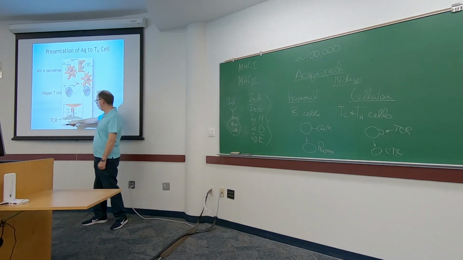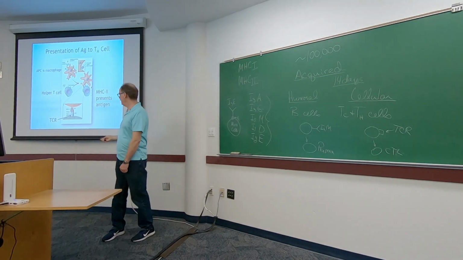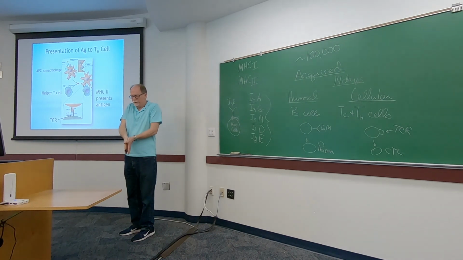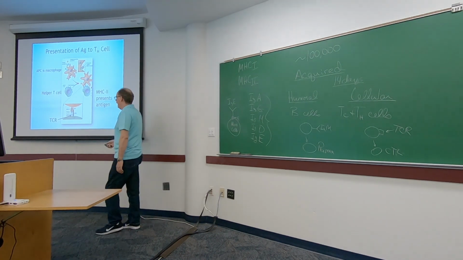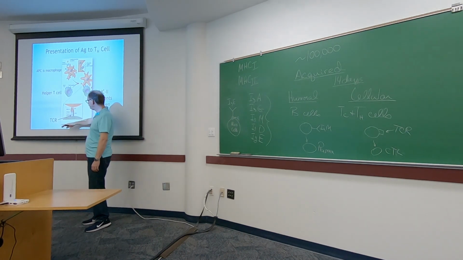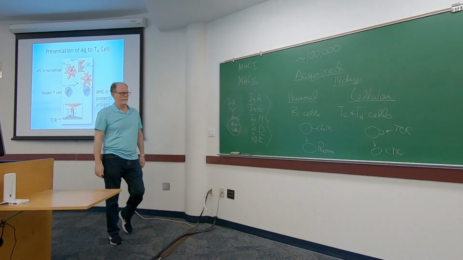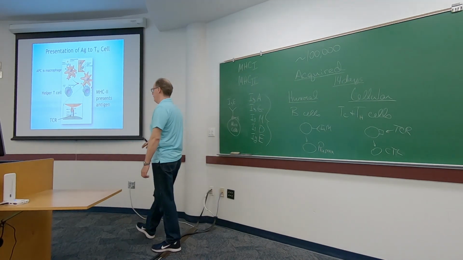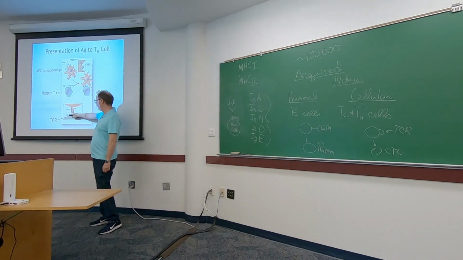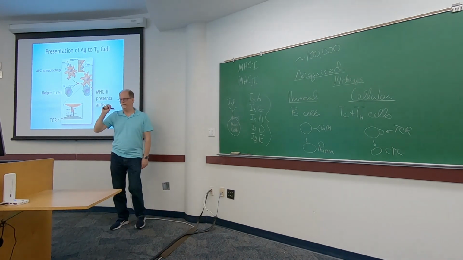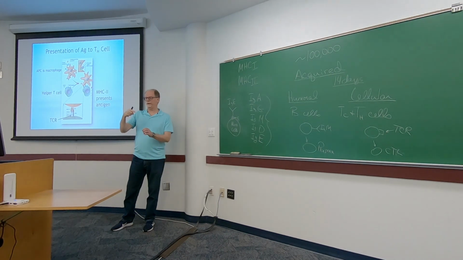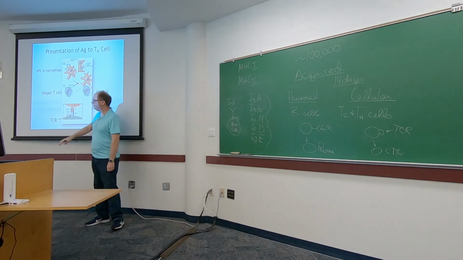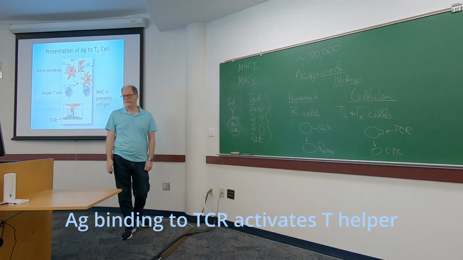So in this case, the little peanut, if you can see that, is the antigen, and the MHC2 is kind of grasping it, and it's looking to see if the TCR on the T helper fits in the receptor. The key is the peanut or antigen, and we want to know, does the key fit the lock? If it does, then the T helper is activated.